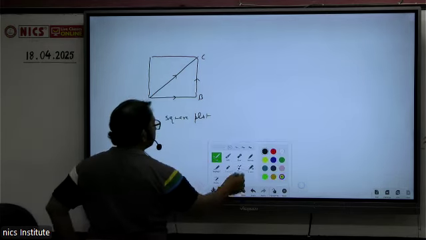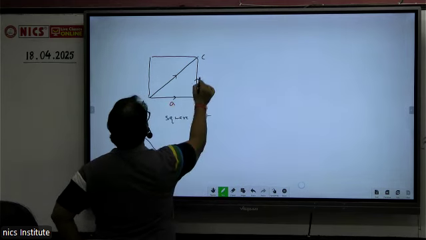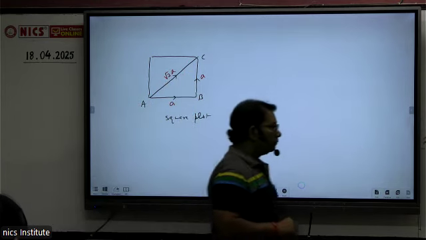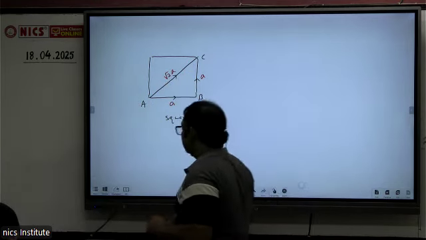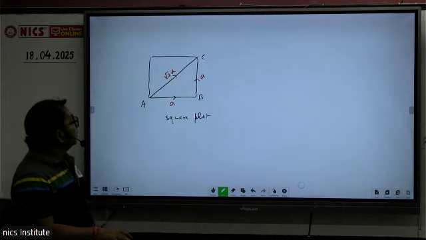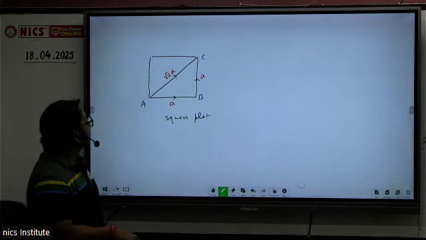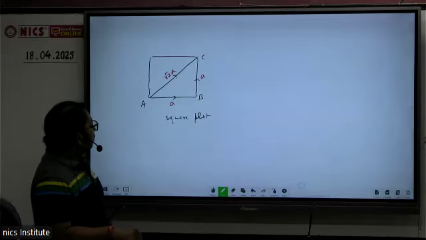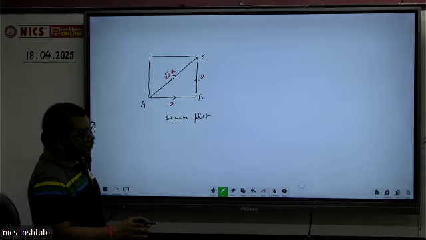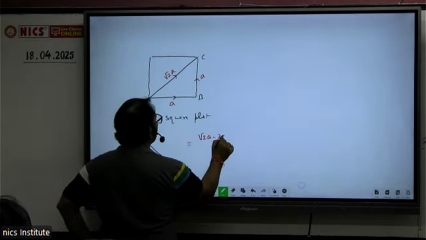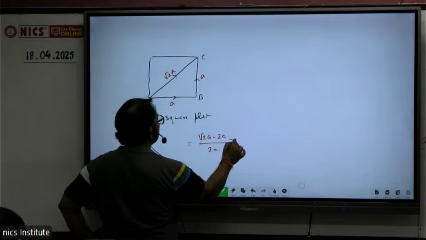The square plot, you can take the side as A. Diagonal would be root 2A. Originally, he was walking along the sides, but he's not walking along the sides. He's walking along the diagonal. How much is saving? It'll be root 2A minus 2A divided by 2A into 100, right?